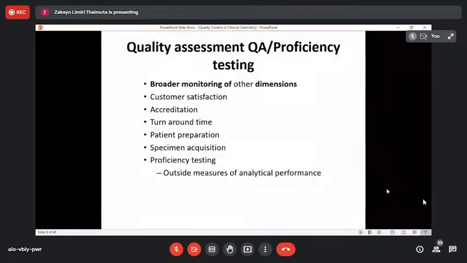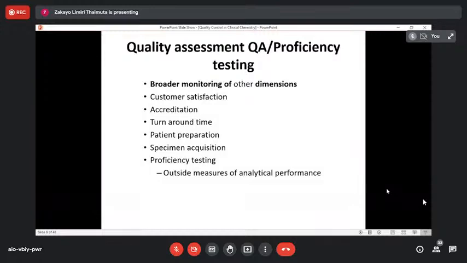Coming to proficiency testing, what we have called external quality control. What is the significance of proficiency testing, or broadly, external quality control? Broader monitoring of other dimensions.